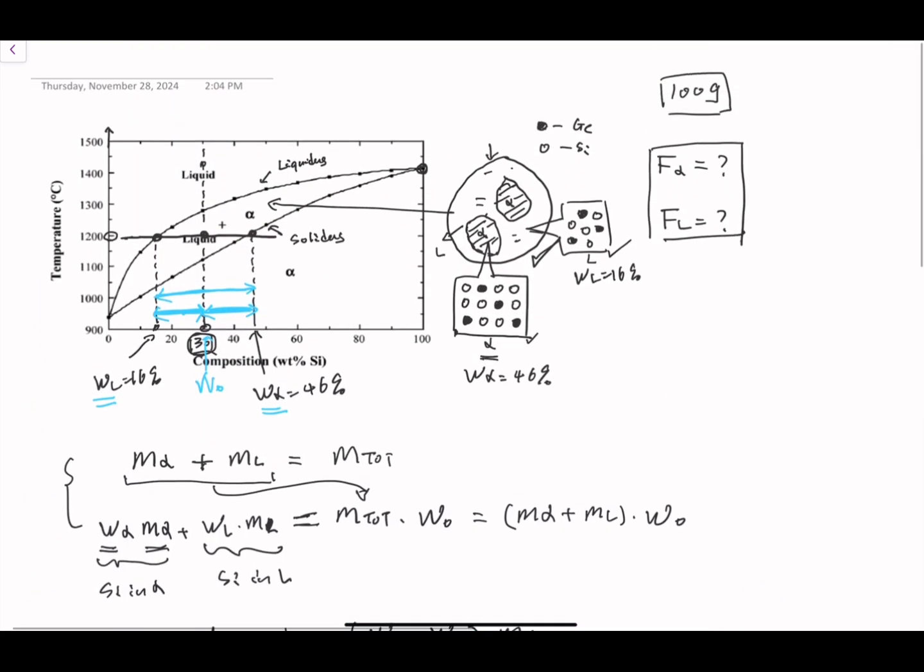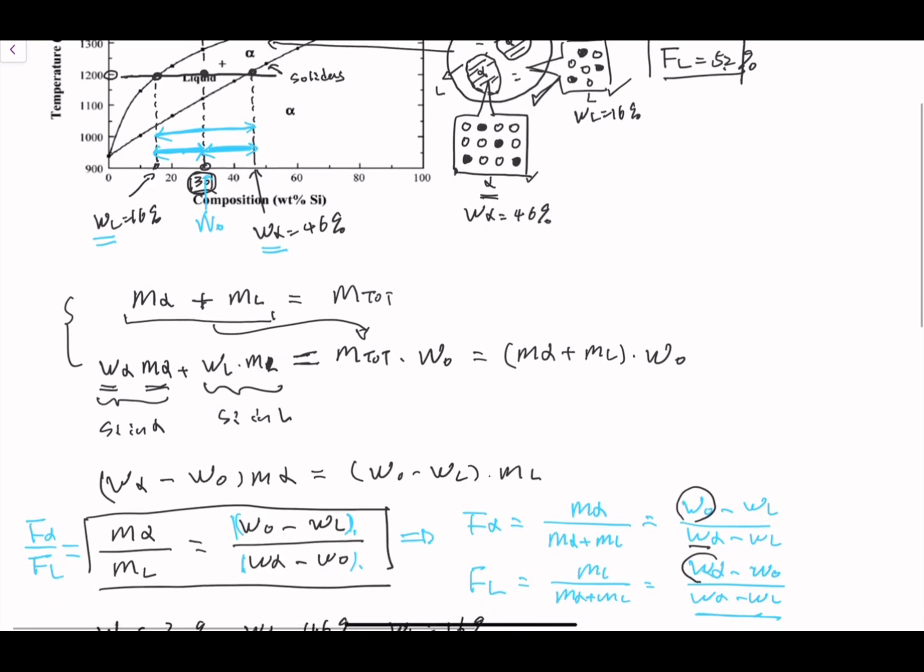So now we can go back here and label. This is going to be 48%, and this is going to be 52%. Okay, so that is the lever rule. The lever rule allows us to compute the fraction of each phase based on their equilibrium compositions.